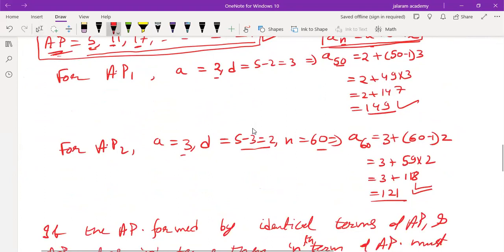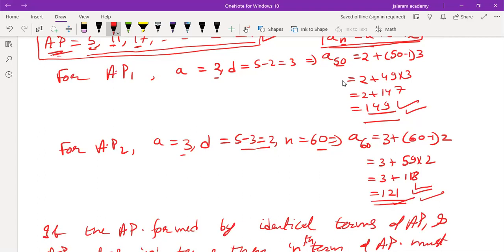So the 50th term of AP1 is 149. The 60th term of AP2 is 121. It cannot exceed 149 as well as it cannot exceed 121. It cannot exceed 121. So it is always less than 121.